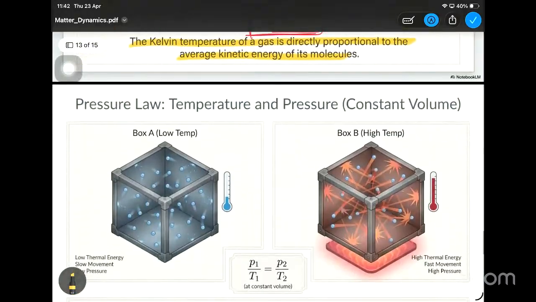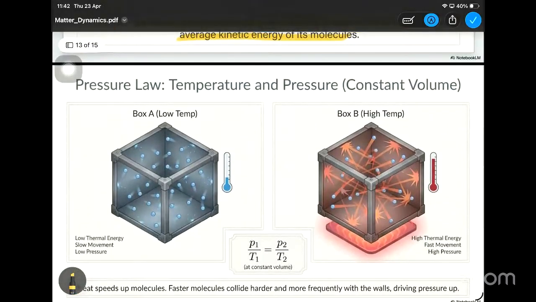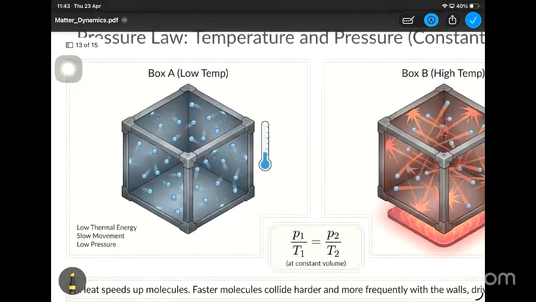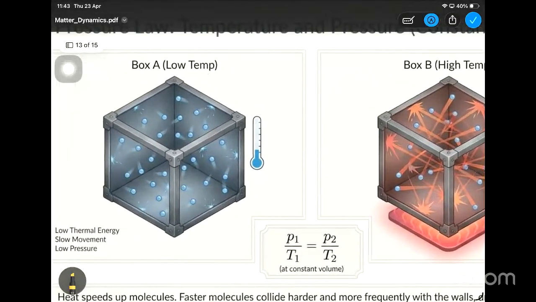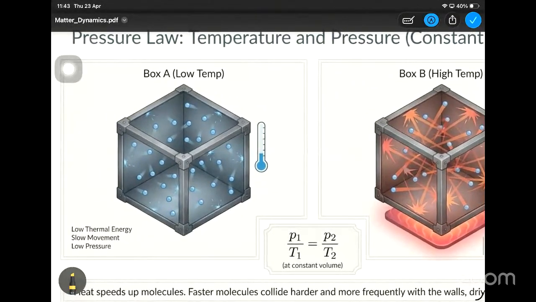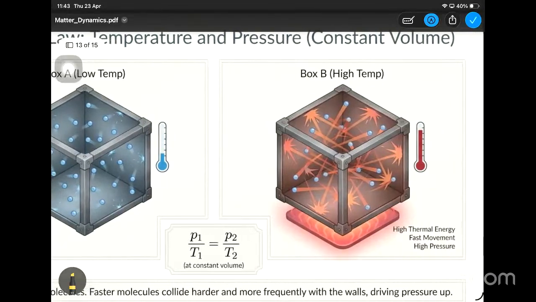Then the temperature and pressure law, the constant volume thing. Here, if the temperature is low, then low thermal energy, slow movement of particles, so low pressure, right? And if you are dealing with high thermal energy, fast movement of particles, the collisions are higher, so the pressure generated will also be higher.